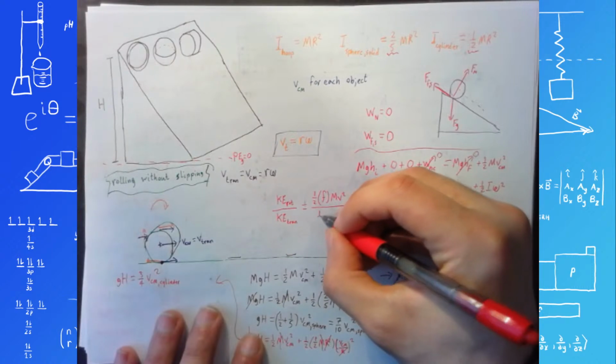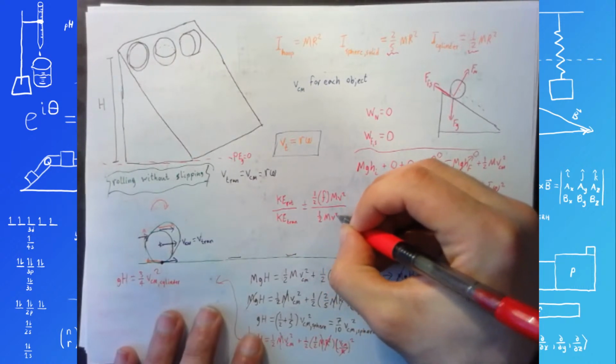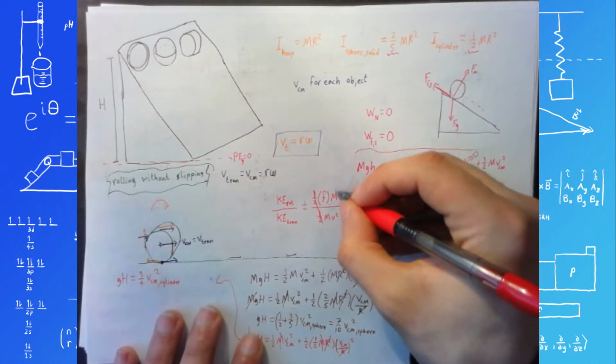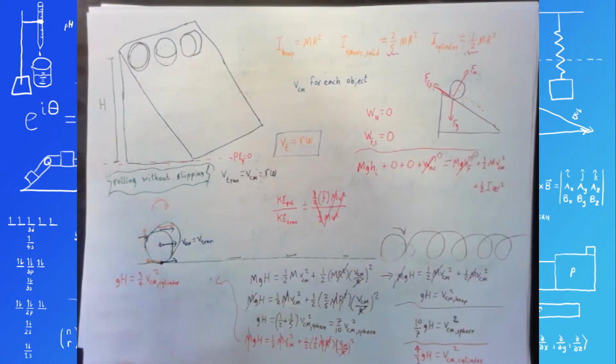And the translational is just 1/2 mv squared. So the 1/2 mv squared cancels out everywhere, and all you're left with is that fraction. That is the ratio of rotational to translational kinetic energy.